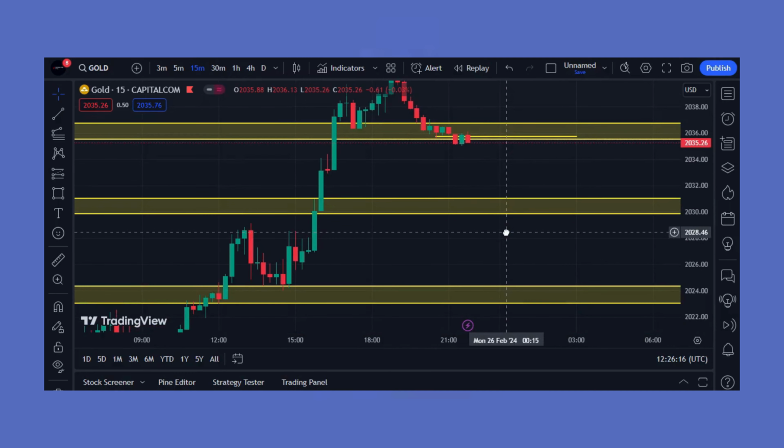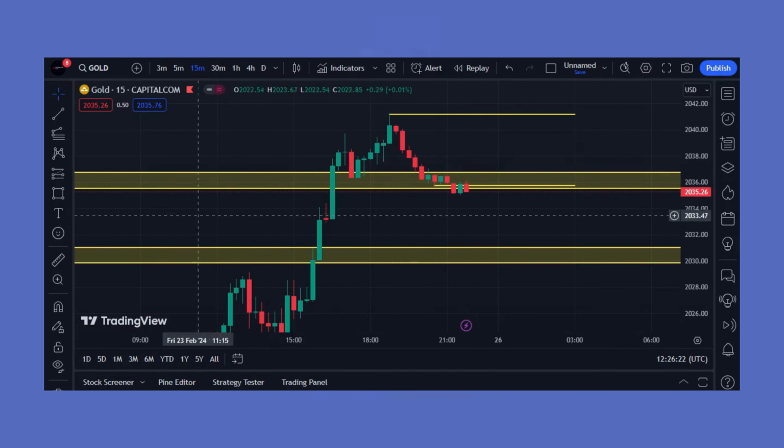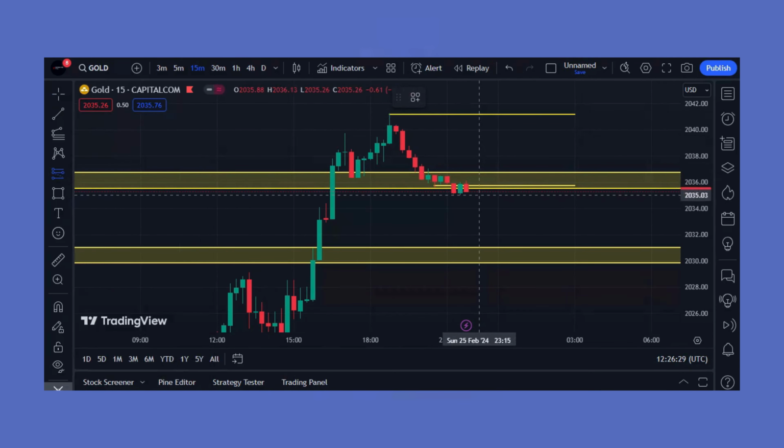Next, I'll be looking for sales in this area if the fundamentals by Monday do not change further in terms of political affairs and economic data.